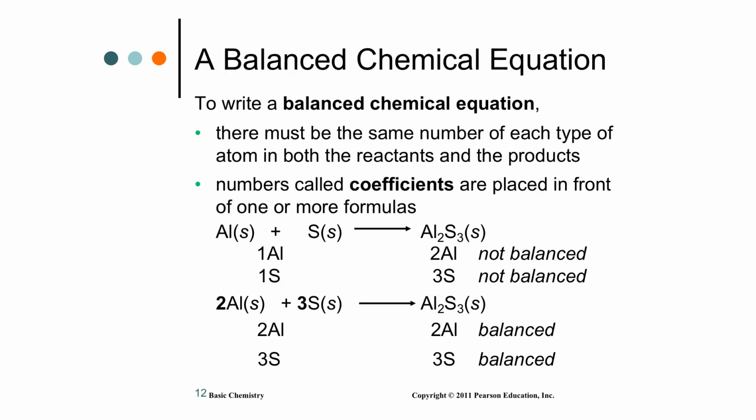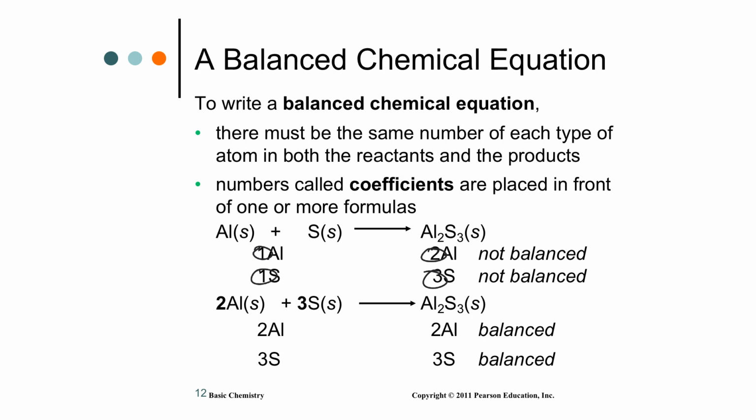To write a balanced chemical equation, there is the same number of each type of atom in the reactants and the products. The number that multiplies in front, say 1 aluminum or 2 aluminum or 1 sulfur or 3 sulfur, are called coefficients, and it simply multiplies that molecule.